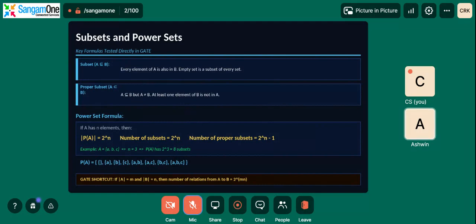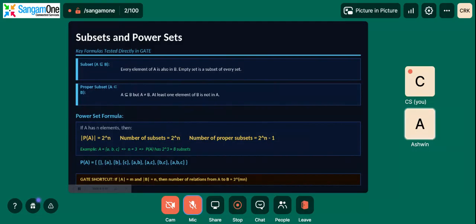If we correlate the subset condition here, 0 does not belong to natural numbers. Because of that, that one element 0 is not part of A, so it becomes a proper subset.